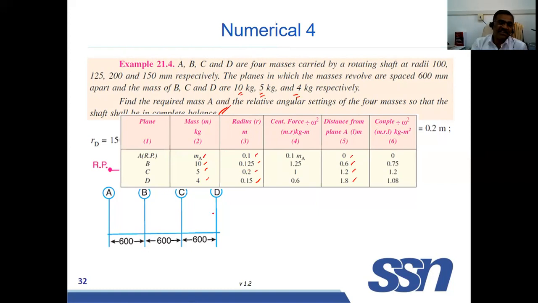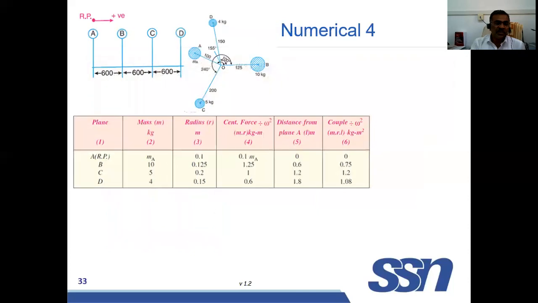So what is unknown? The angular positions of the masses A, B, C, D are not known, and the mass of A is also not known. So how to solve this problem?